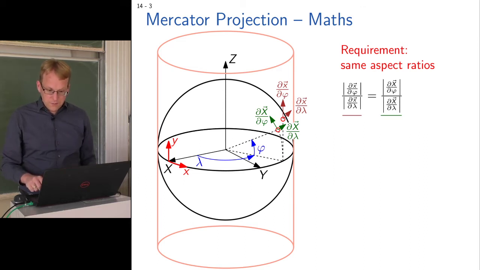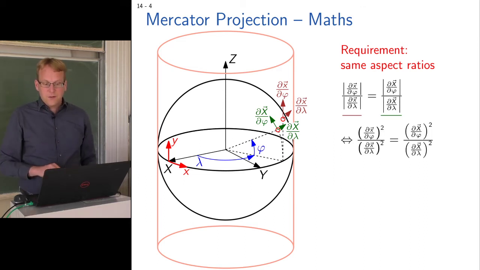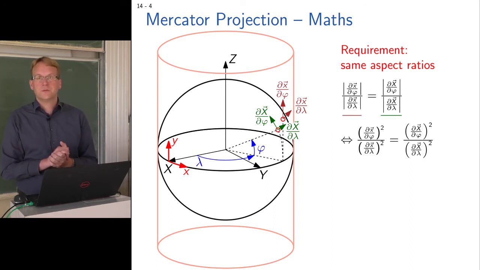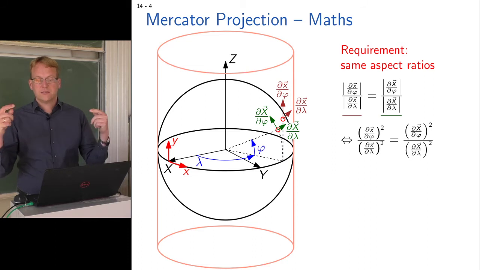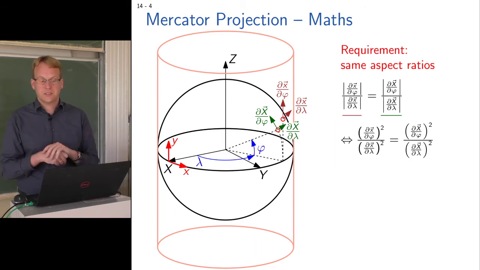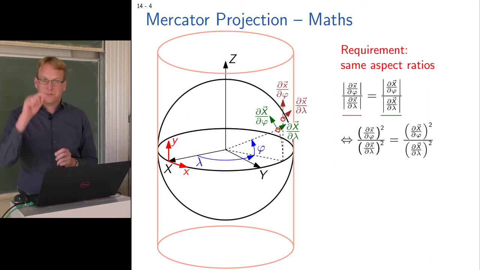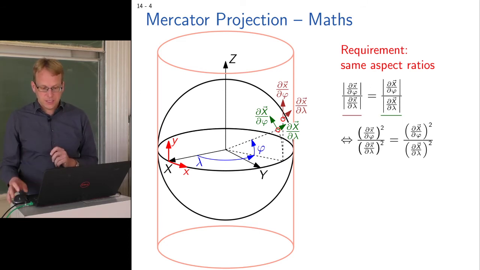Well, first of all, to simplify this equation, I'm squaring it on both sides. Then I'm getting rid of these absolute values. They are always nasty. Well, that's a square root actually. So with that I get rid of these absolute values and I have just what is written here.